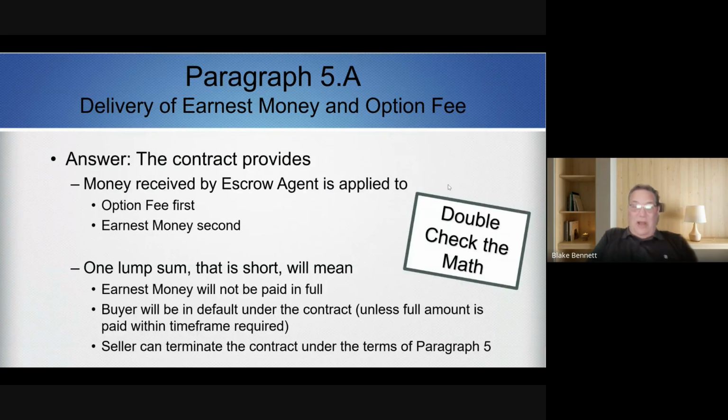Well, the contract says the escrow agent is to apply to the option first, earnest second. One lump sum that's short is going to mean that earnest money will not be paid in full. Buyer's going to be in default under the contract unless this amount is paid in full. Seller can terminate under the terms of paragraph 5. So double check your math here.